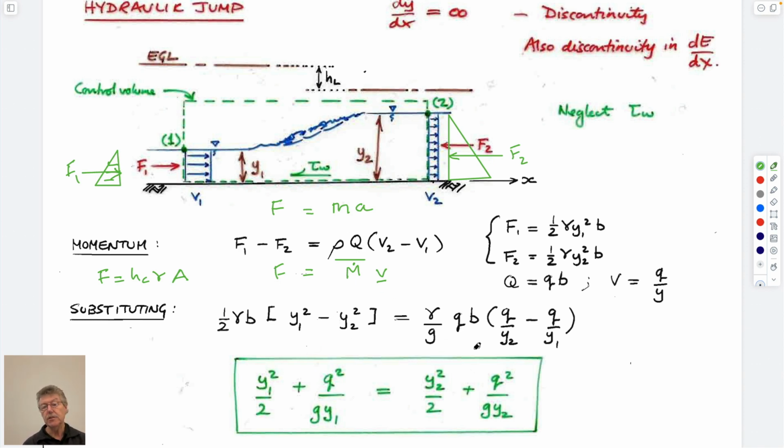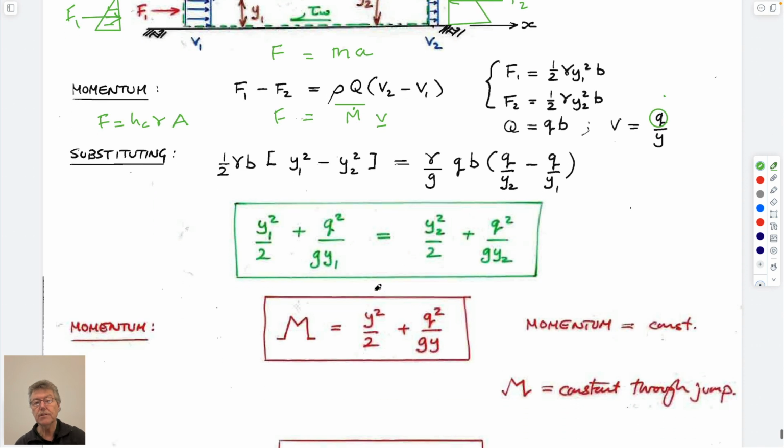And so if we write this out in terms of the velocities, again, we write the velocities in terms of a flow rate per unit width and substitute that into here. And if we do that, we get a term which is this equation. It's almost like an E1 equals E2, but instead of writing that, let's call it M1 minus M2, or M1 equals M2.